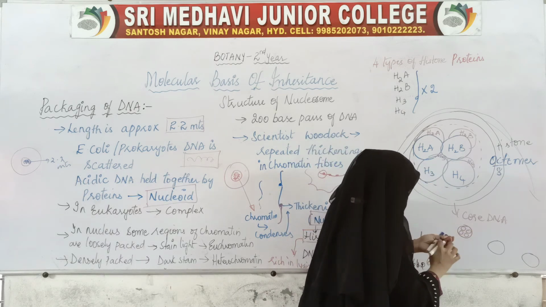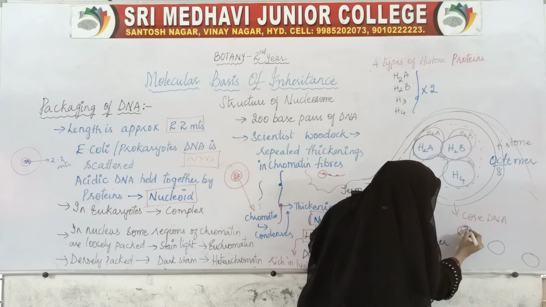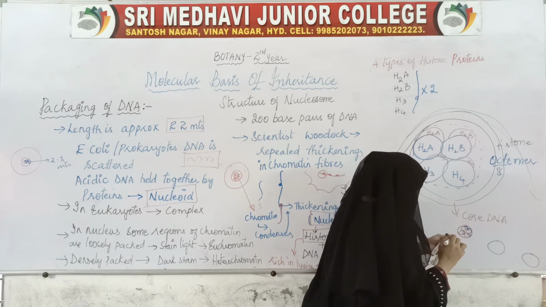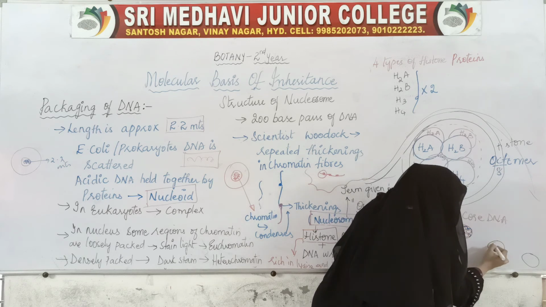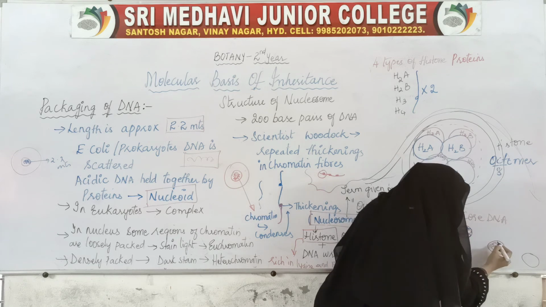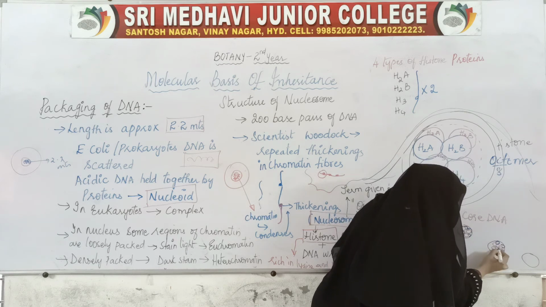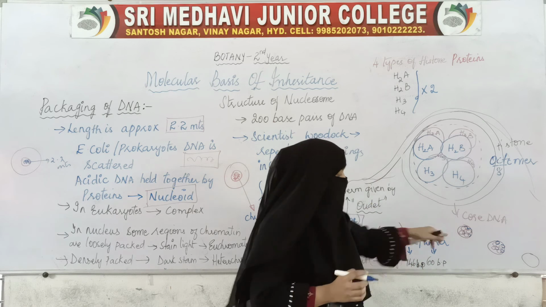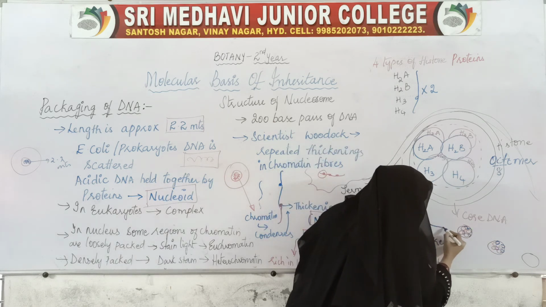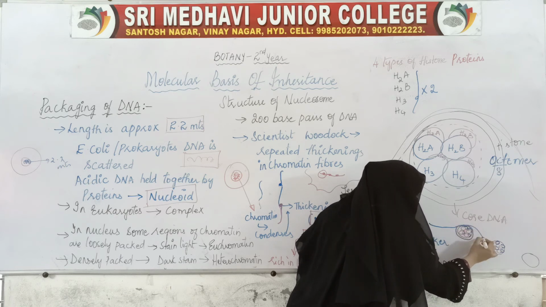Here 1, 2, 3, 4, then at the back also 1, 2, 3, 4, eight histone proteins. Here also 1, 2, 3, 4, then at the back 1, 2, 3, 4, eight. Now the DNA is wrapped around this like this.